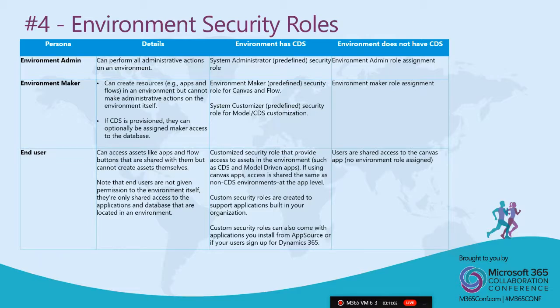And if the environment has no CDS, then it will be the environment administrator role. And then there is the environment maker, using which role you can create resources, or if the CDS is provisioned, then can optionally be assigned maker access to the database as well.